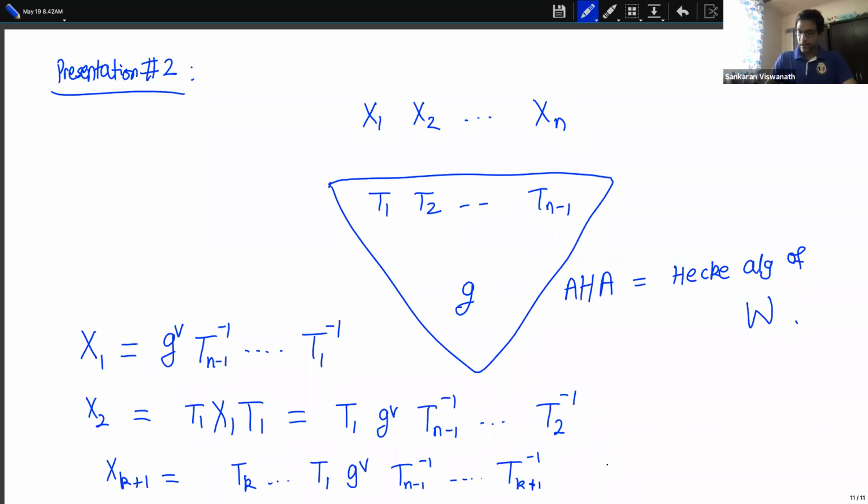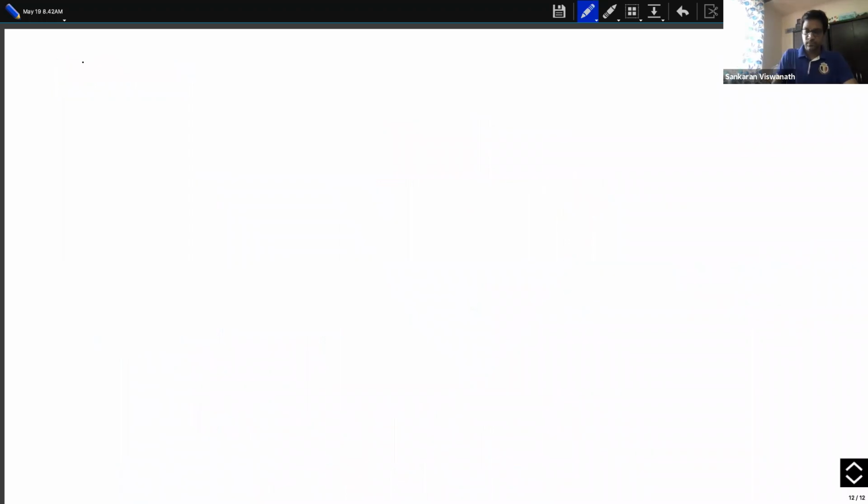Now, the relations amongst these elements. So what are the relations amongst all these elements? The X's themselves form a commutative subalgebra.